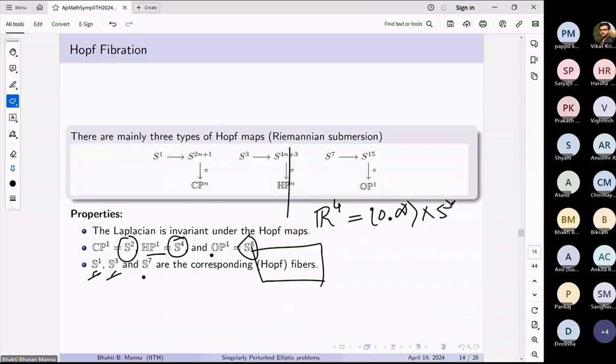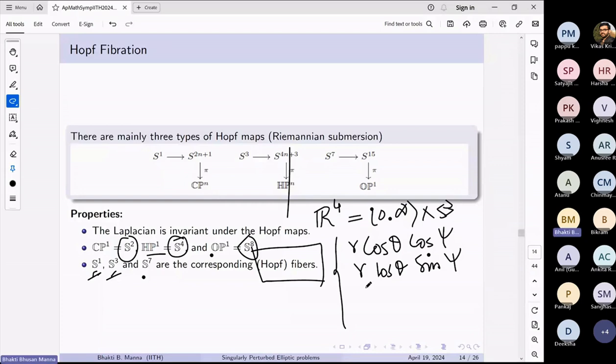In the polar coordinate system, the coordinates come like this: r cos theta cos psi_1, r cos theta sin psi_1, r sin theta cos psi_2, r sin theta sin psi_2.